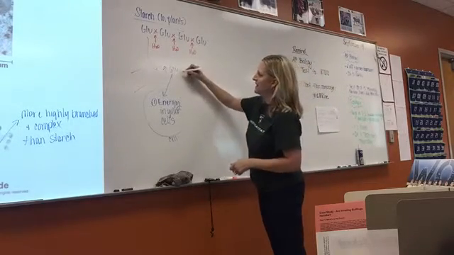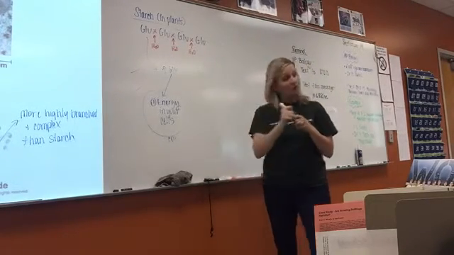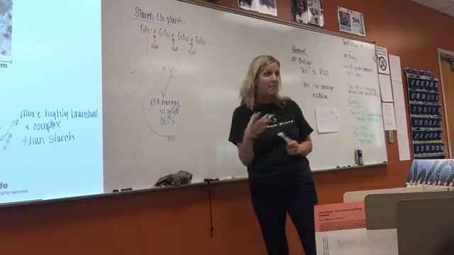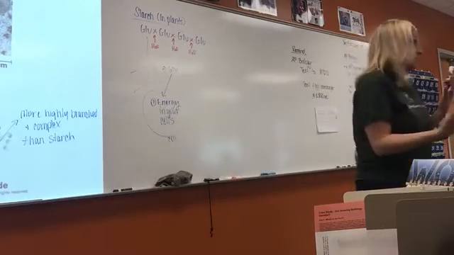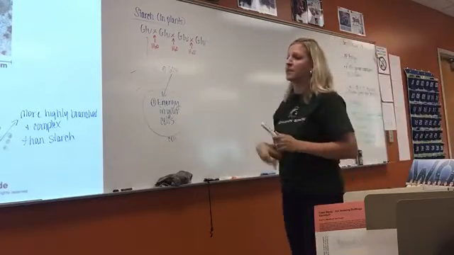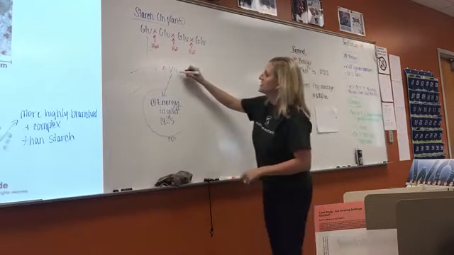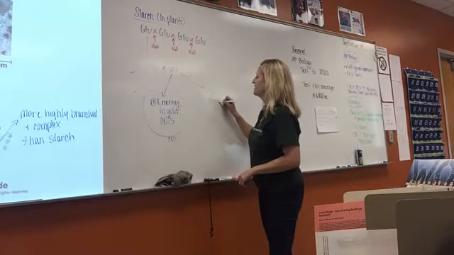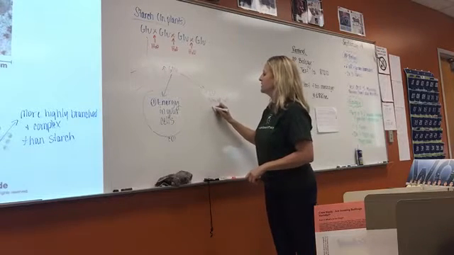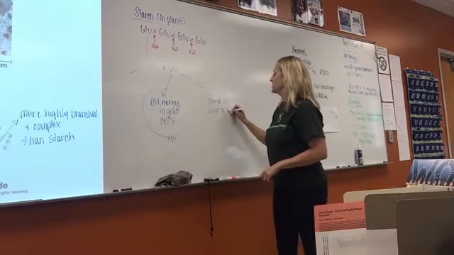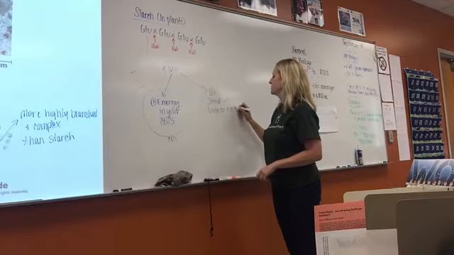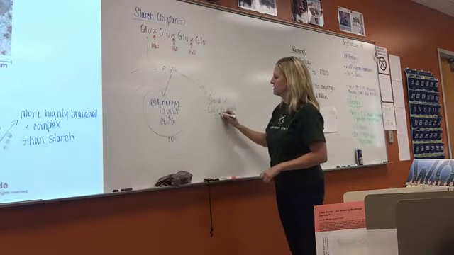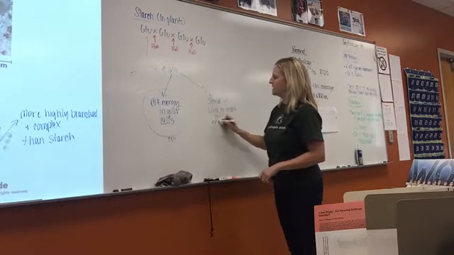The second thing is if you have too much glucose, let's say you don't need that much energy, but you've got all this glucose here, that's when the making of glycogen happens. So the second thing is that it can be stored in your liver or muscle cells as glycogen.